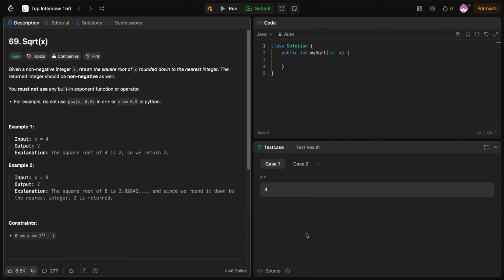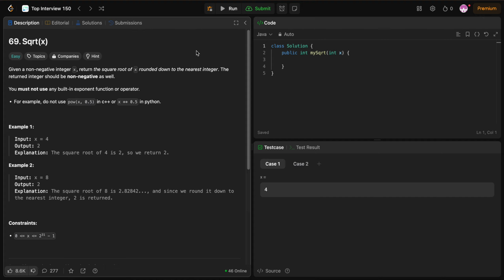Okay, so it's asking us to basically return the closest integer to the square root of x, but it has to be an integer. It can't be decimal.